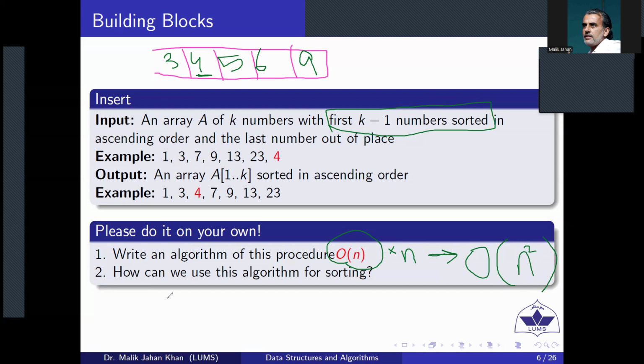And this whole algorithm is called insertion sort, because it's based on the insert procedure. So insert in isolation does not really sort an arbitrary array, but if it is called in a well thought out and well organized manner, then it enables sorting. So this whole algorithm is called insertion sort.